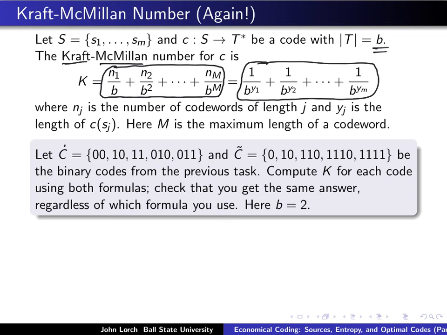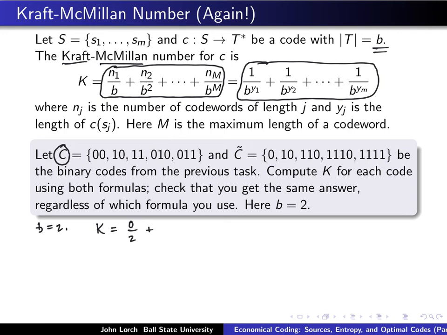So let's look first at code capital C. So in this case, B is equal to 2, right? These are binary codes. And first of all, how many code words are there of length 1? Well, I go through C and there are no code words of length 1, so it's 0 over 2. Now I'm looking for code words of length 2.